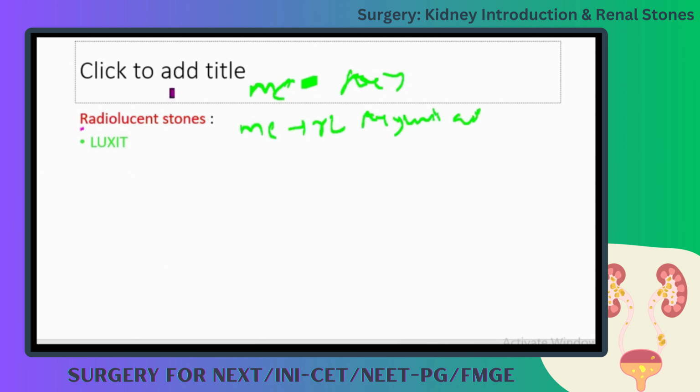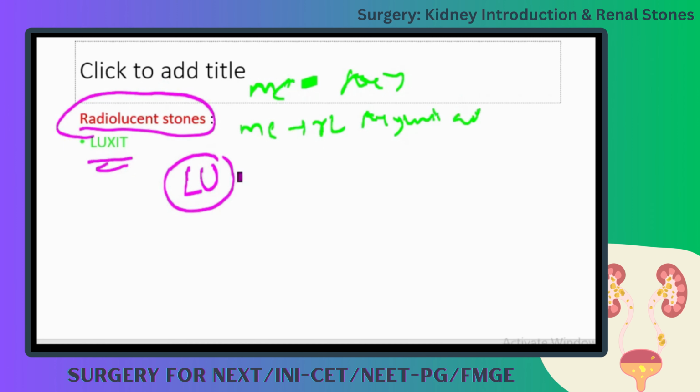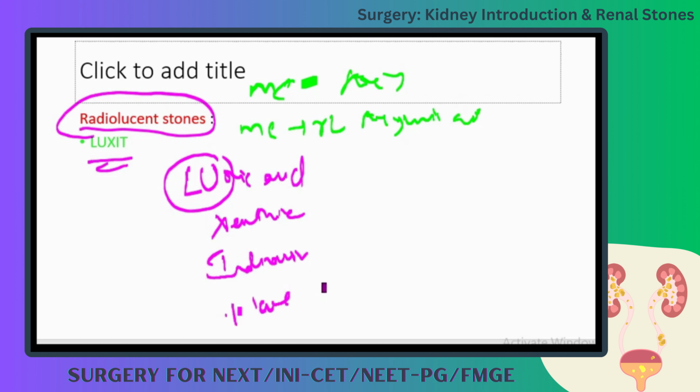So, other radiolucent stones. Lucent. L is lucent. U is uric acid. X is xanthine. I is indinavir. T is triamterene. So these are the 4 types of stones: uric acid, xanthine, indinavir, and triamterene.